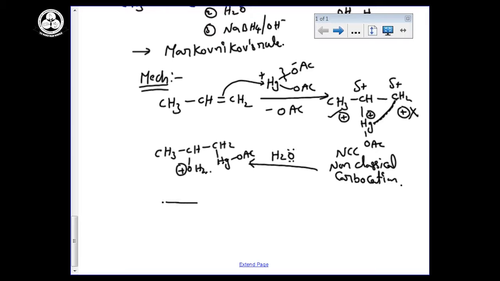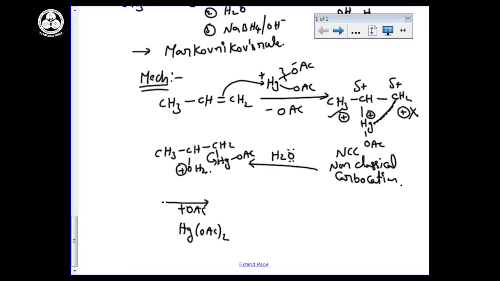Next, again these electrons you can give back to this one, and remove OAc, again I am adding it here. Now again mercuric acetate, Hg(OAc)2, is coming out.